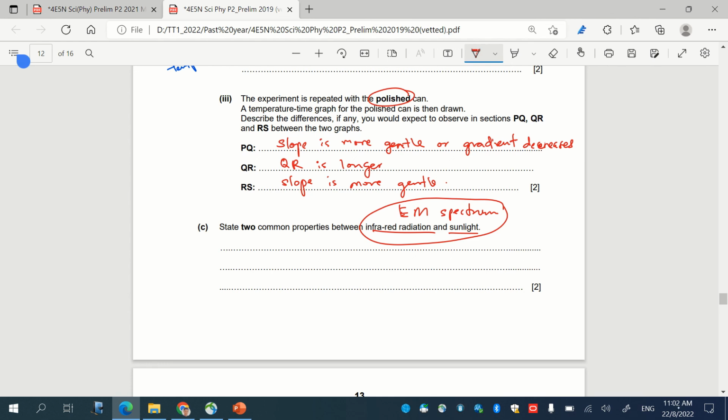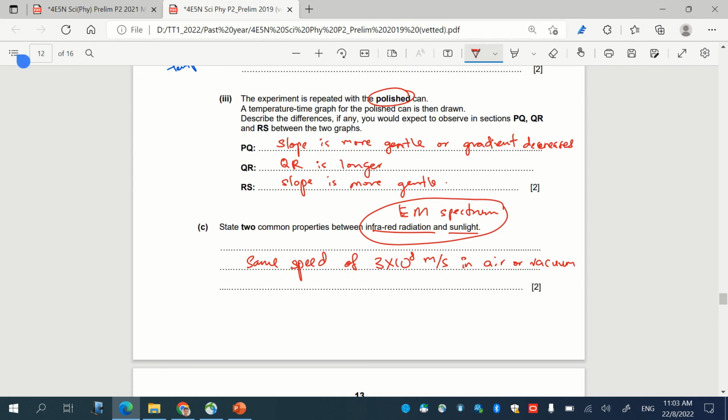You must include the unit. A lot of students say same speed of 3 times 10 to the power of 8, and then they leave it there. There was no unit mentioned. You must mention the unit, 3 times 10 to the power of 8 meters per second, in what? In air or vacuum.